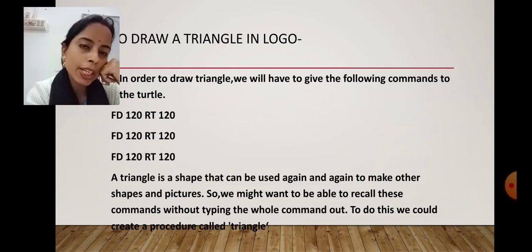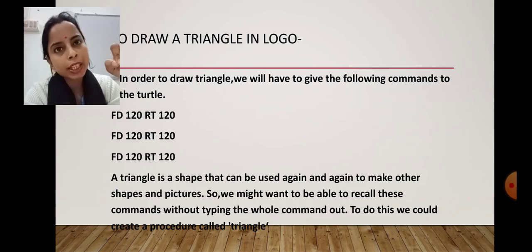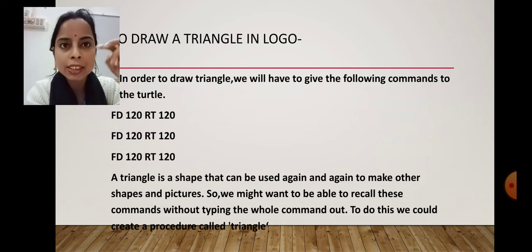FD 120, RT 120. FD means forward 120, RT means right 120. When we write these commands 3 times, the turtle will draw what? A triangle shape. Alright.